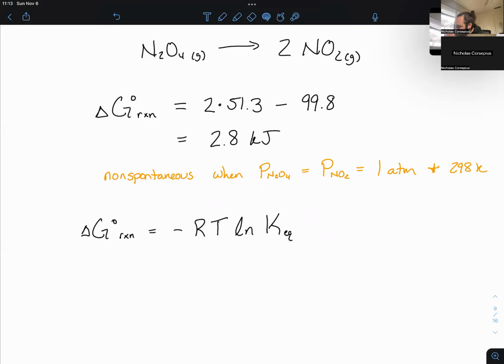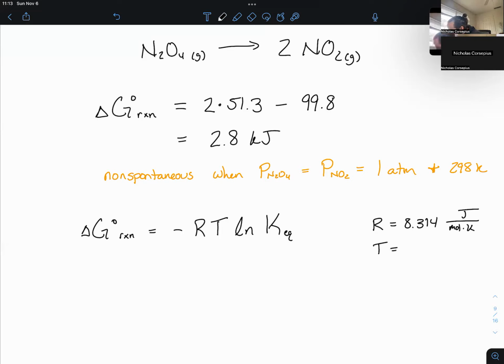These will be values that would be given to you on your constants page, but R is actually that ideal gas law constant, 8.314, and it's joules per mole Kelvin. And remember, when we talk about delta G, we're talking in terms of kilojoules.